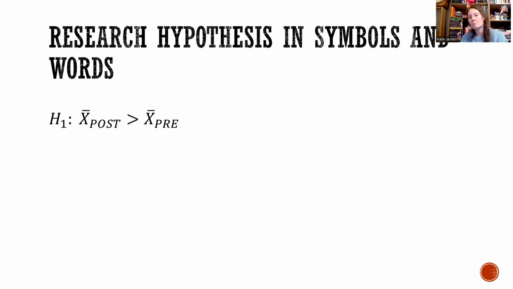So we have H sub 1. We know that's a symbol for our first research hypothesis. We put a colon then to say that our research hypothesis is coming. Here we're comparing the mean of our post-test group's knowledge, and we're saying that we think that's going to be significantly greater than the mean amount of statistics knowledge that people had before reading the book.